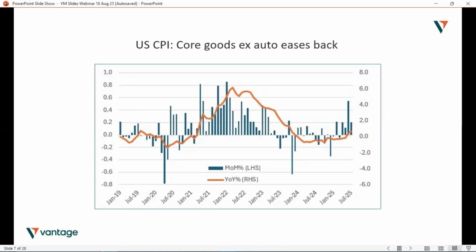Going forward, you've got ISM price components. They still suggest there may be a lingering inflation threat from tariffs, but we did have a survey, NFIB survey, small businesses essentially suggesting they are struggling to pass those costs on to consumers. Most economists, I should say, think that many prices will end up rising in time due to tariffs.